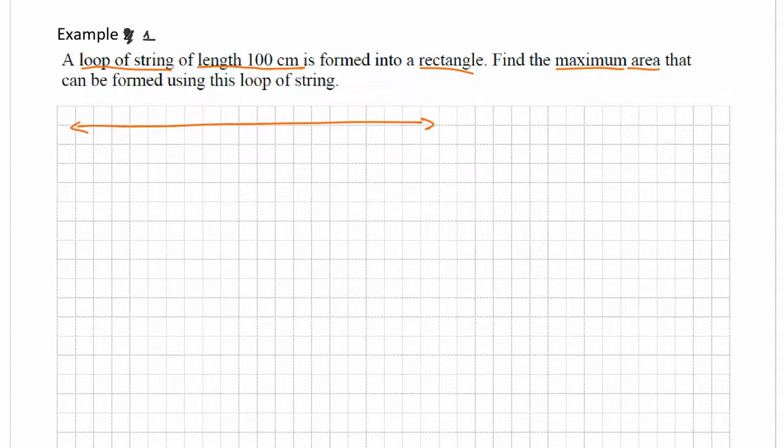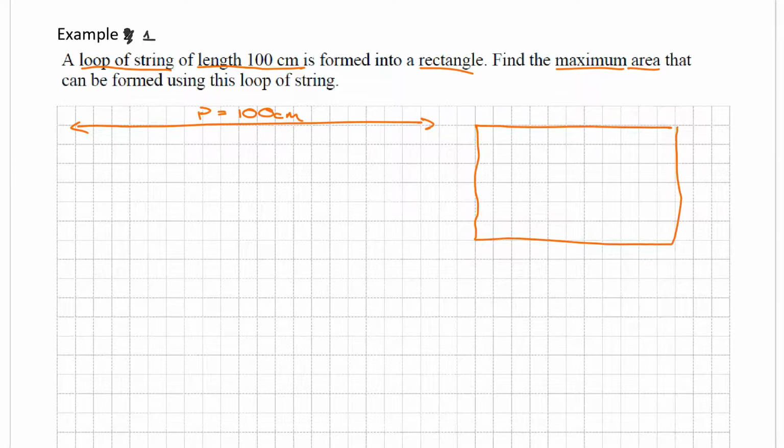Alright, so if I draw that, we're going to have a length of string, we'll call it P, equals 100 centimeters, and we're drawing it into some sort of rectangle like that. And being a rectangle, the sides, these two have to be equal and these two have to be equal here.